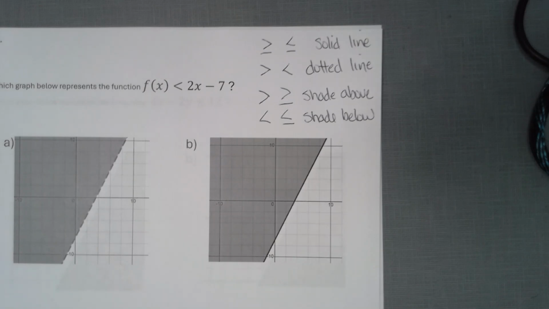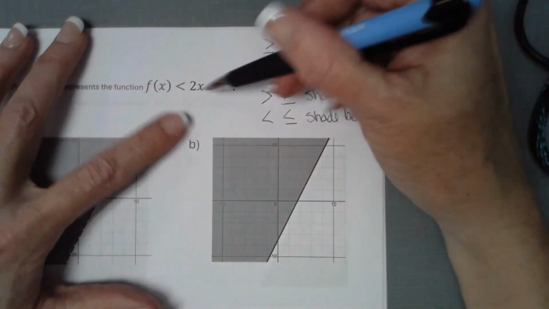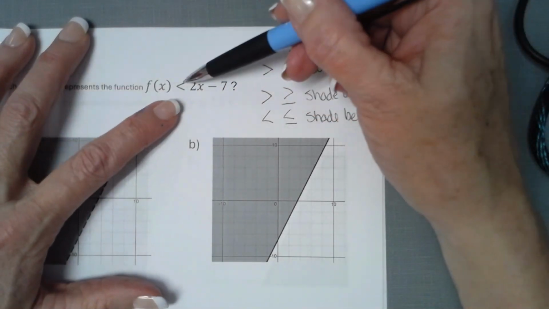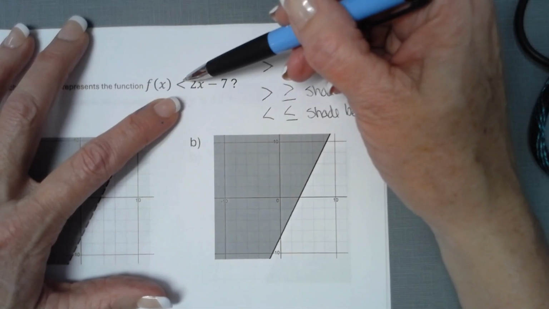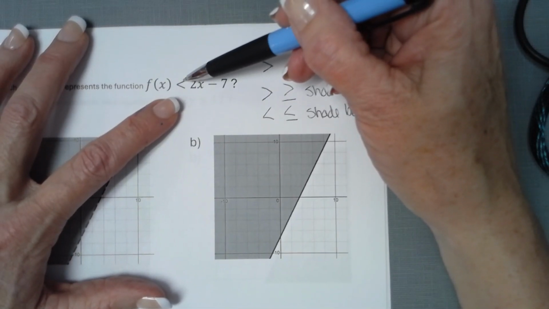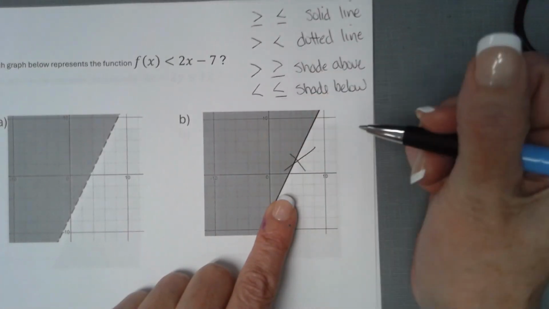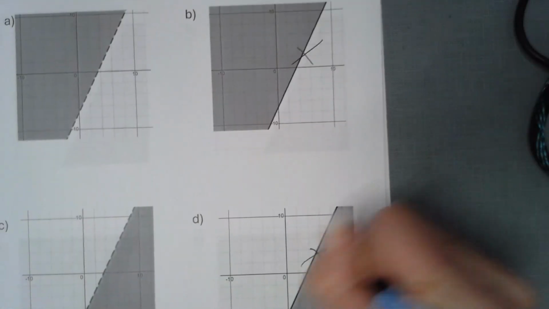Okay. So, this is in slope-intercept form, so it's really easy. There's not much of a trick to it. There is no equal to bar, so this is going to be a dotted line. So because it's going to be a dotted line, B is out and D is out.